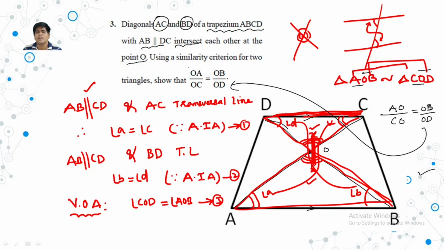So AO is related to CO and OB is related to OD, and their ratios will be equal. That's all about this sum.